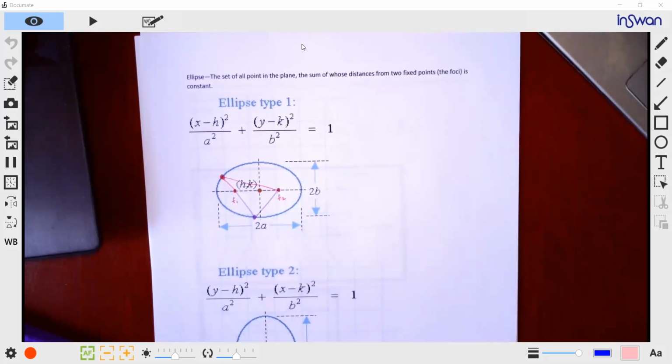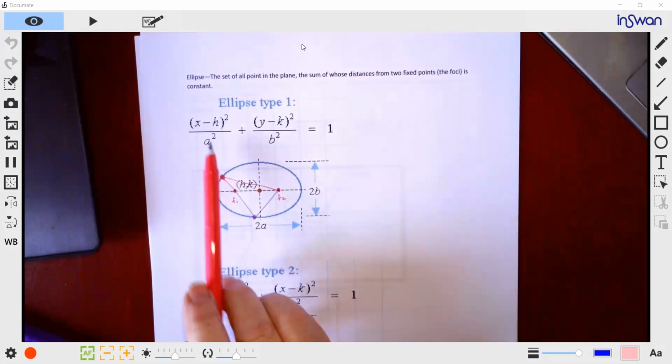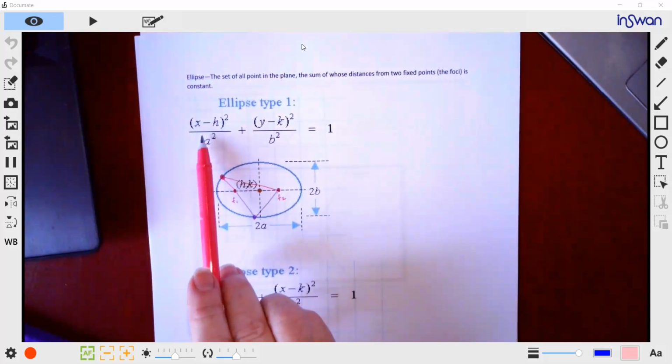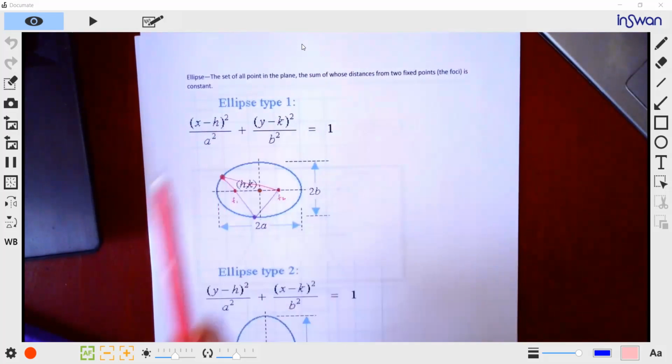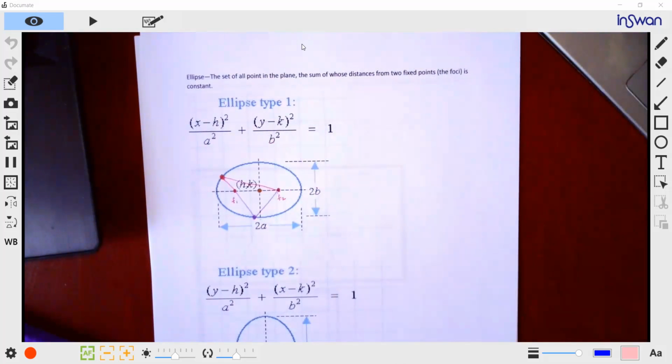Now, when we go through and derive a formula for the equation of an ellipse, the general form is (x minus h) squared over a squared plus (y minus k) squared over b squared, all equal to 1.